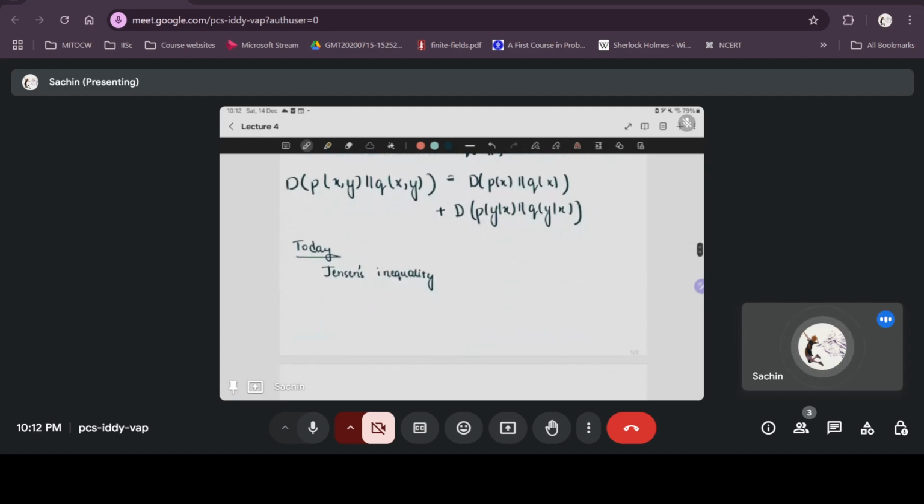Okay, today what we'll cover is Jensen's inequality, information inequality, some consequences of Jensen's inequality, and logsum inequality.